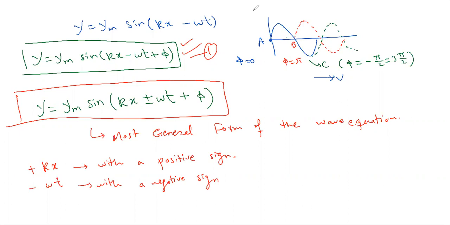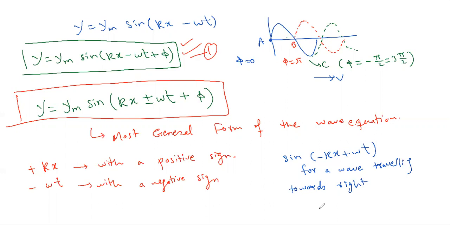For example, can I write an argument like this, minus kx plus omega t, for a wave which is traveling towards the right, and let me be more specific, that is towards the positive x direction? So the answer is no.